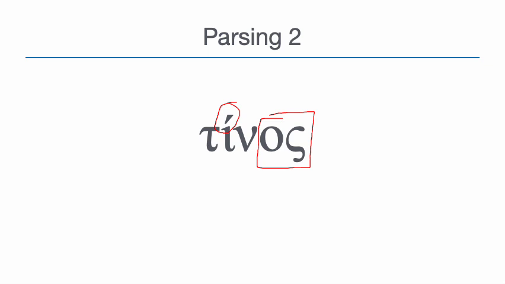And then it would be singular, and it would be from tis, and it would be of what, of whom, of which, depending upon, or even of why, potentially, depending upon what you might have. Pretty unlikely, though, that it would be of why.